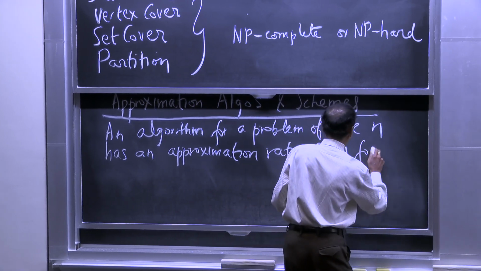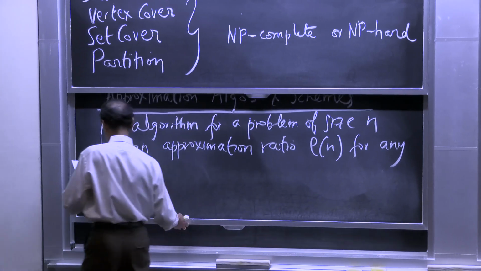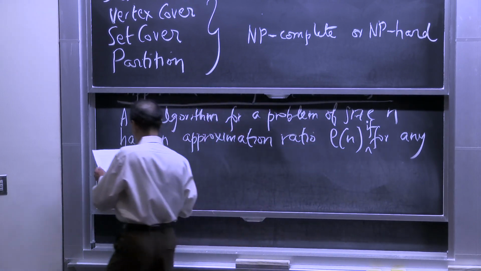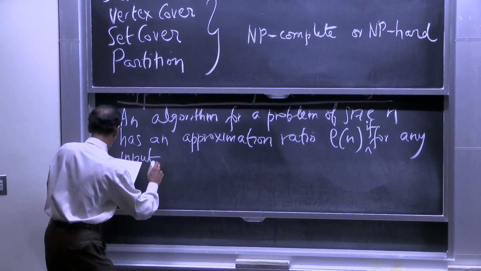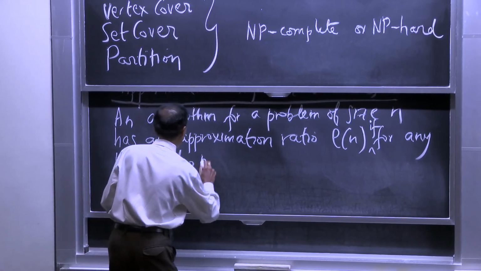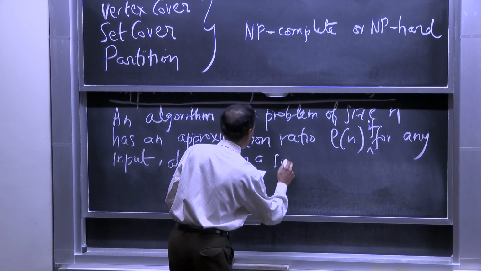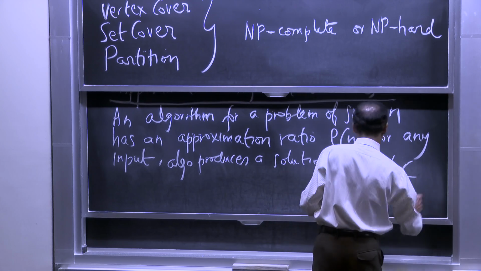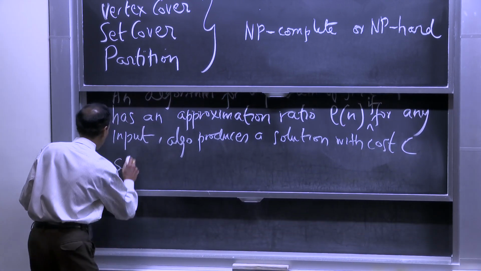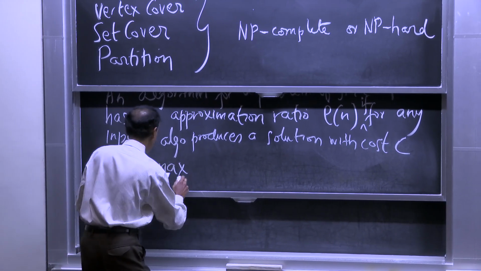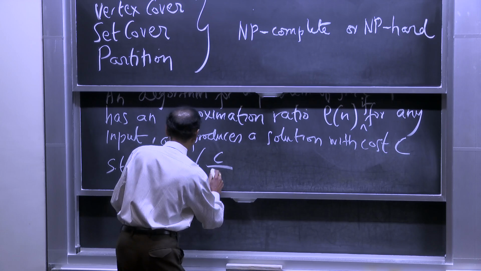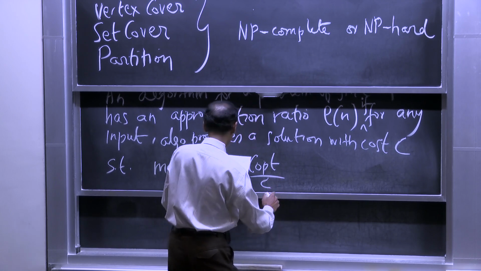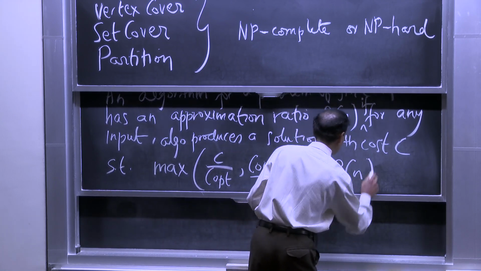For any input, the algorithm produces a solution with cost C that satisfies this property: the max of C divided by C opt, and C opt divided by C, is less than or equal to rho of n, right?